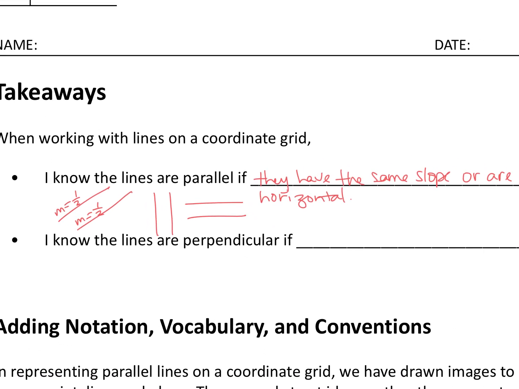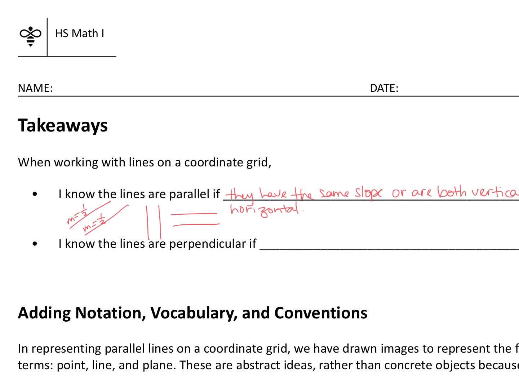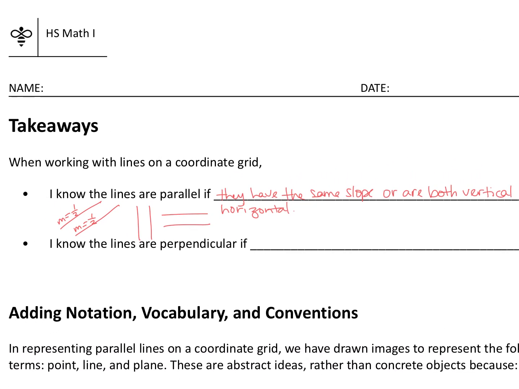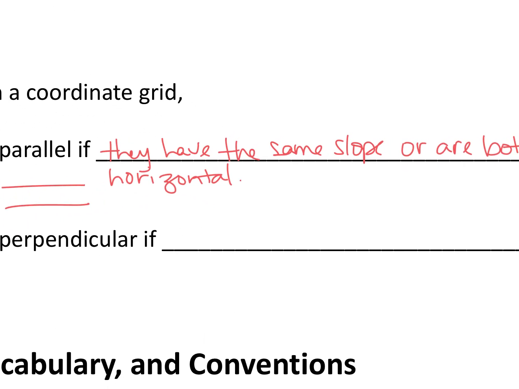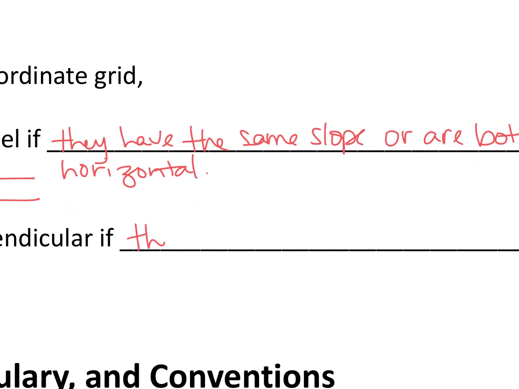Then what about perpendicular lines? For perpendicular lines, we've got two scenarios that could happen. I know the lines are perpendicular if they have opposite reciprocal slopes. That's the first scenario.